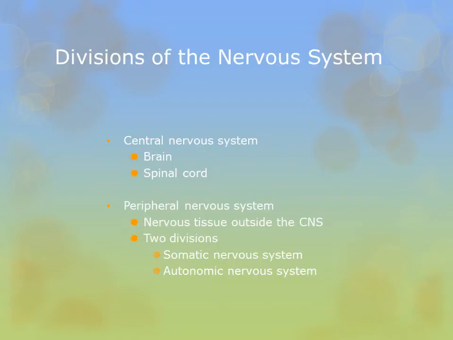Now, just briefly, I want to touch on the divisions of the nervous system. I'm not going to go a lot into the anatomy and physiology of the entire nervous system, but there is a section of the nervous system that we really want to understand, and that's the autonomic nervous system, so we'll get to that.